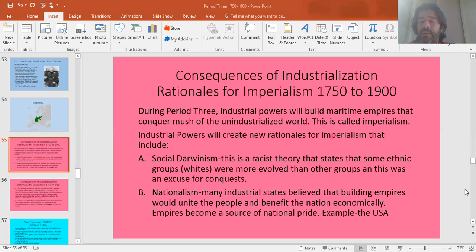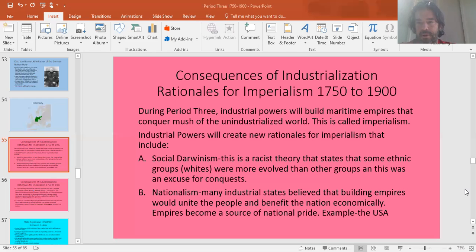Now, what we're going to focus on today is, what is the rationale that the industrialized powers have for conquering the rest of the world? In this unit, China is going to be conquered. Well, fundamentally going to be conquered. India is going to be conquered.